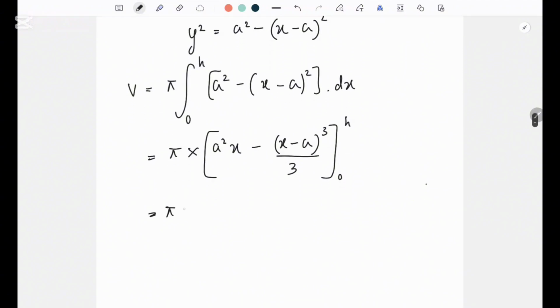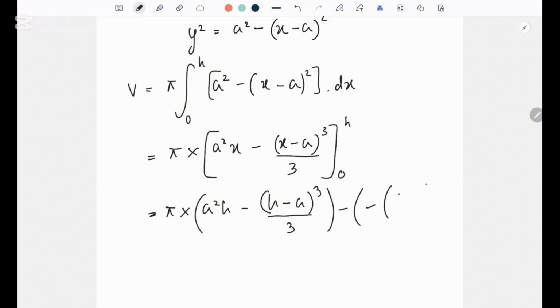So we have pi times a squared h minus (h minus a) cubed over 3, minus, now you substitute 0: a squared times 0 is 0, minus (minus a) cubed over 3.